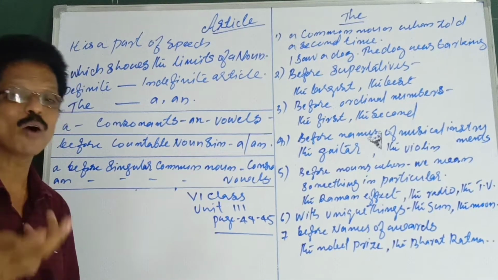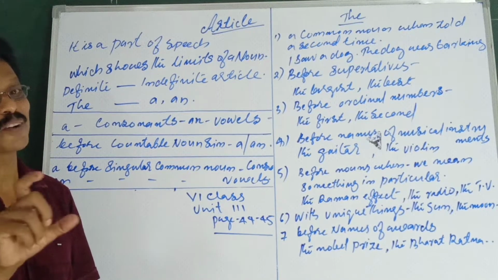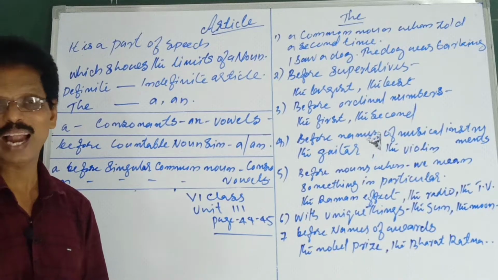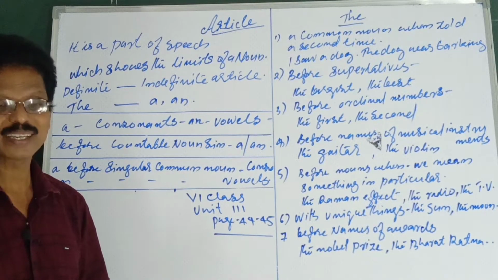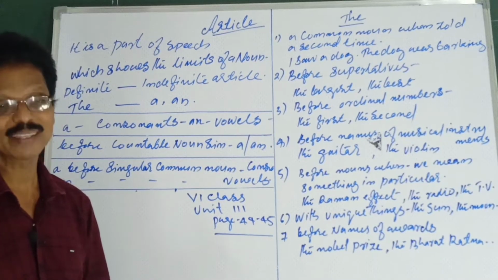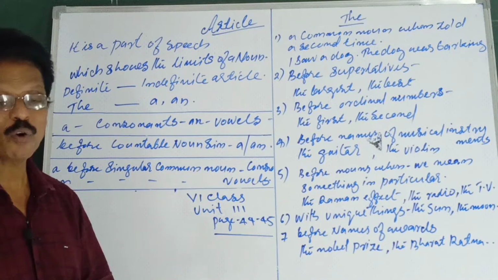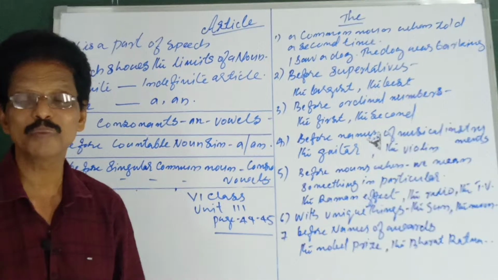Boys can be counted. Can you say how many water is there? No, it is uncountable. How many air is there? No, it is uncountable. How many sands are there? No, it is uncountable. So, before uncountable nouns, this won't be used, only for countable nouns.